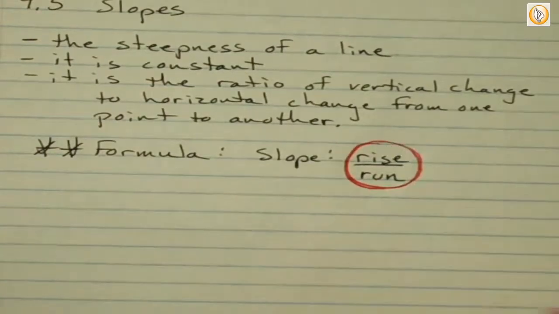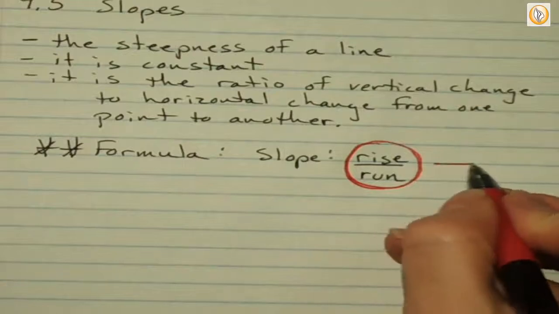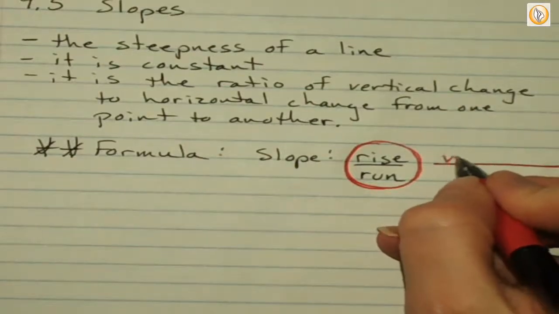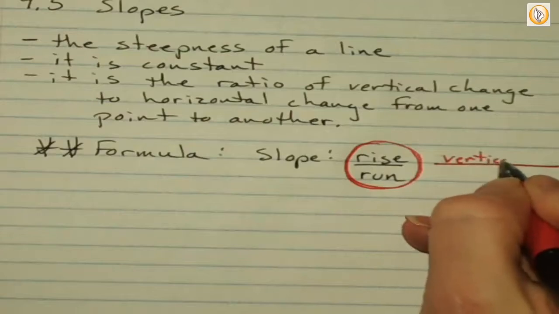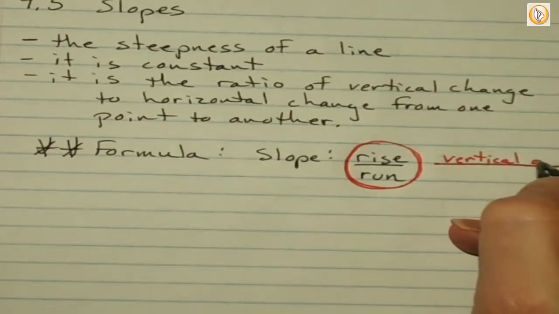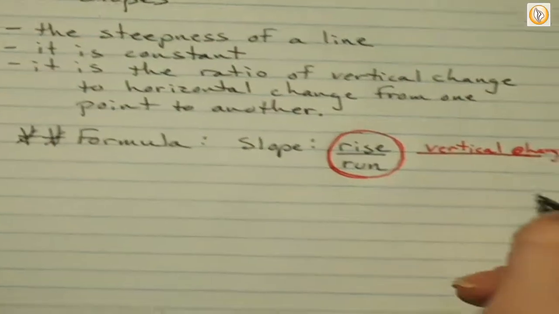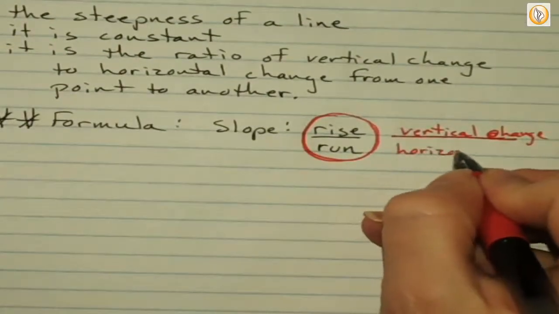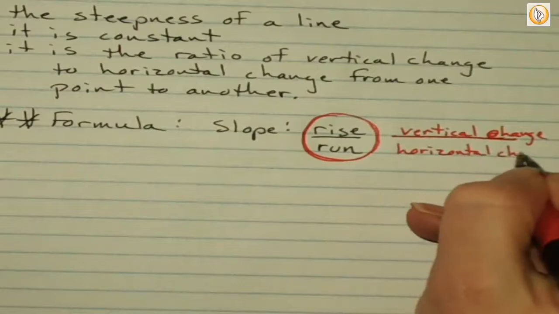Rise over run. Rise is the vertical change. And run is the horizontal change.